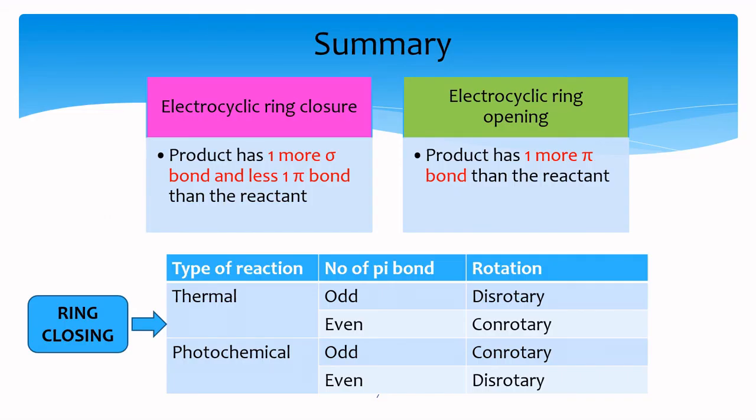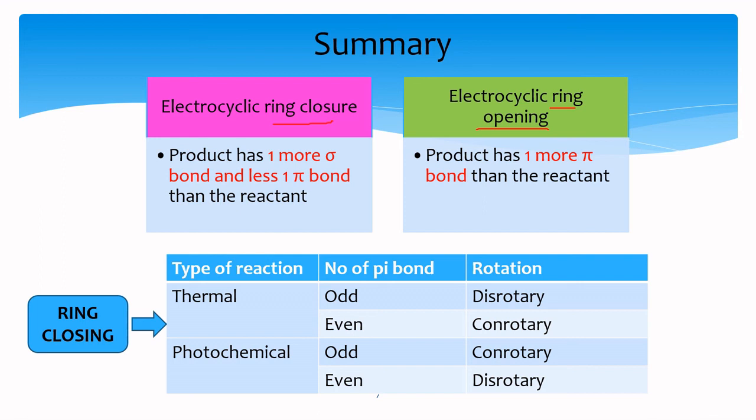Okay, to summarize electrocyclic reaction. Electrocyclic reaction normally involves two types of mechanism. The first one is ring closure. The second one is ring opening. In ring closure, the product normally has one more sigma bond and one less pi bond compared to the reactant.